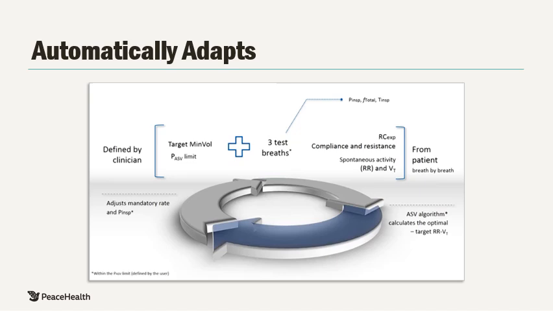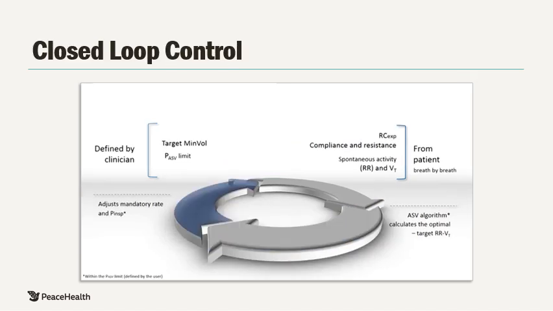This algorithm then automatically adapts on a breath-by-breath basis. Having the ASV algorithm respond to changes in lung mechanics and spontaneous patient activity on a breath-by-breath basis creates a closed-loop control.